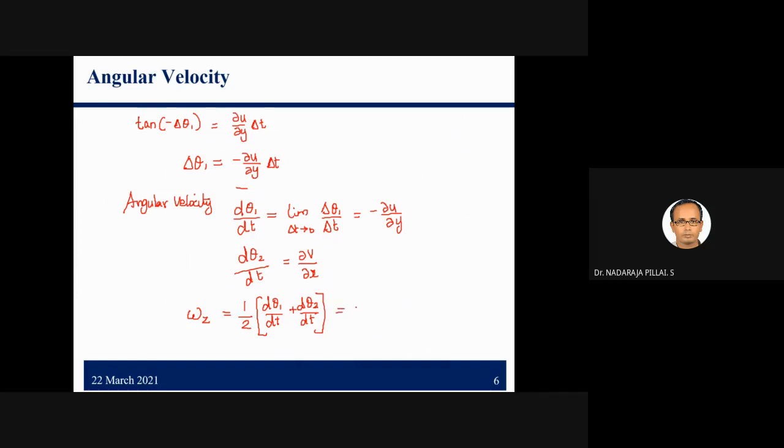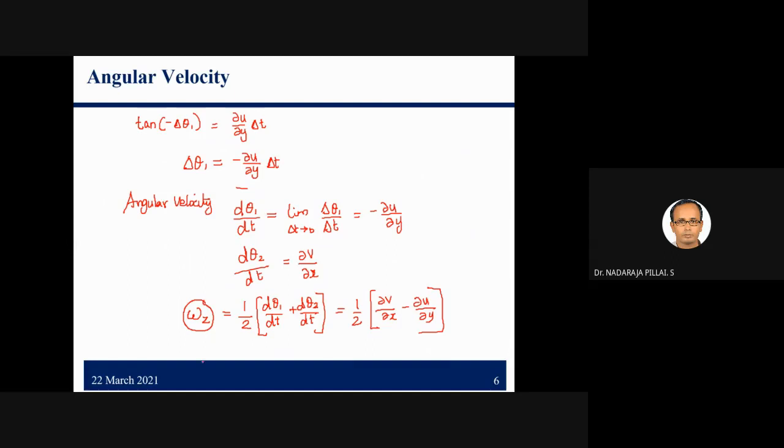So we can write it is half into dou v by dou x minus dou u by dou y. So this is the angular velocity about the z direction, right?